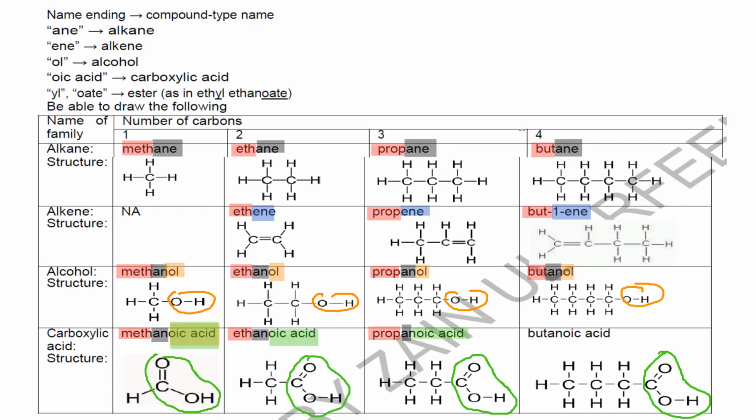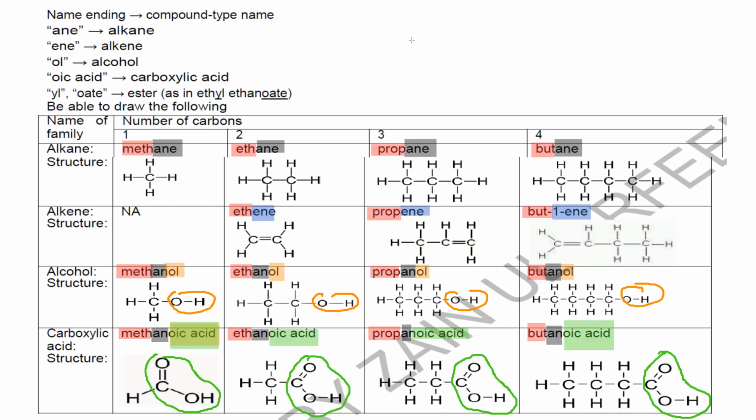Then butanoic acid, but means 4 carbon. Between them single bond and due to the functional group it will be oic acid. So butanoic acid due to C double bonded with O and OH.